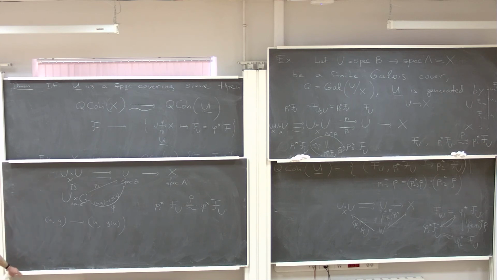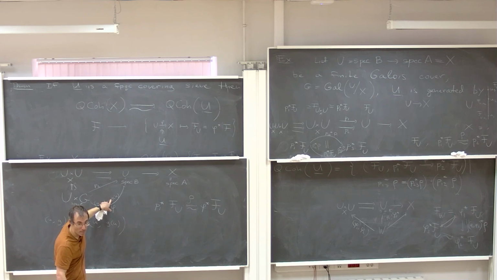Wait. So let's think for a second. So we are saying here that the fiber of our sheaf at a point u, small u, is isomorphic. Well, we are given an isomorphism between it and its fiber at the point g of u.